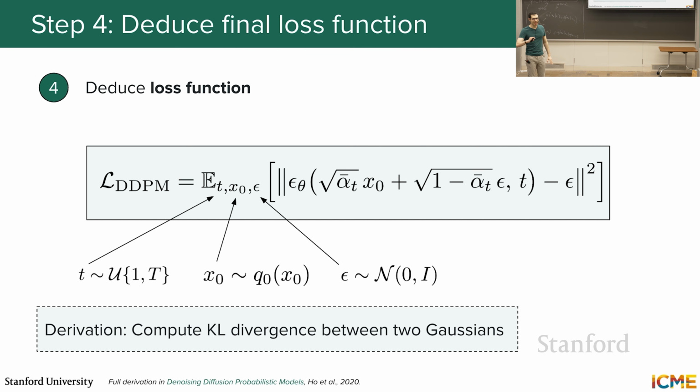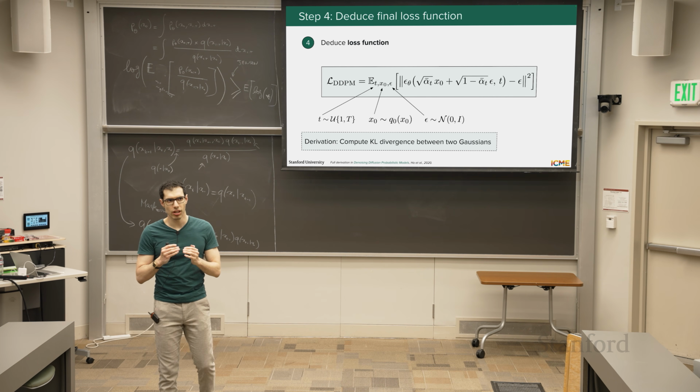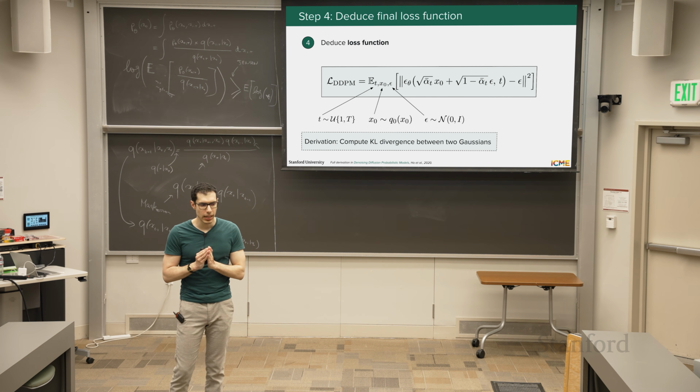Now, there is something that I simplified that I've not told you yet, but I'm going to tell you now. When you simplify this KL divergence, what you actually get is the expectation of this L2 regression times some coefficient. You can think of it as the weight of the loss.